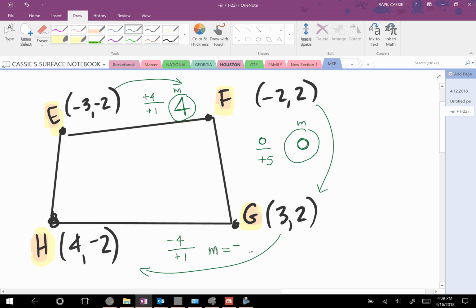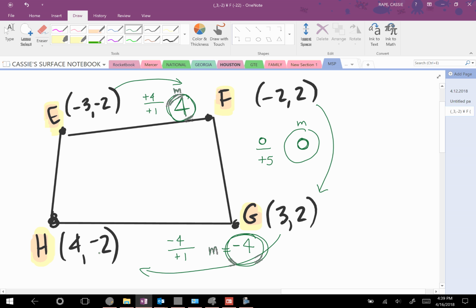One interesting thing: when I first see 4 and -4, I think, oh gosh, I always double check my signs, because I was hoping that the opposite slopes were the same, and they're not. But I can see I went up 4, and then from -3 to -2, that was up 1. That's positive, definitely. 2 to -2 is down 4, and then 3 to 4 is up 1.